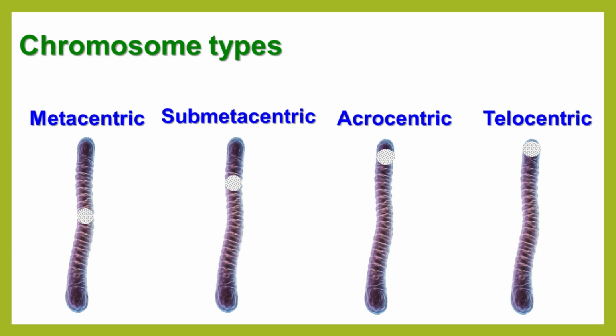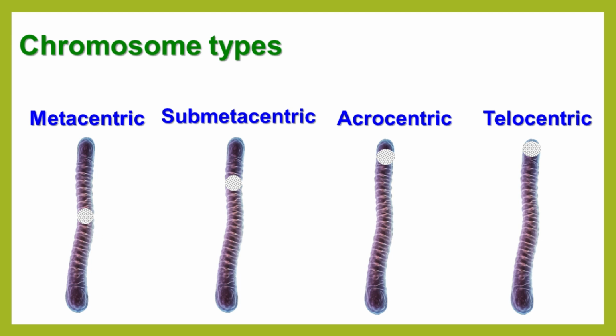Chromosomes can be seen in four forms based on the location of their centromere. Starting from left to right, when the centromere is in the middle of the chromosome and divides it into two equal arms, we call it a metacentric chromosome. Then we have the submetacentric chromosomes. The centromere divides the chromosome into two unequal but measurable arms, so we can measure each arm.